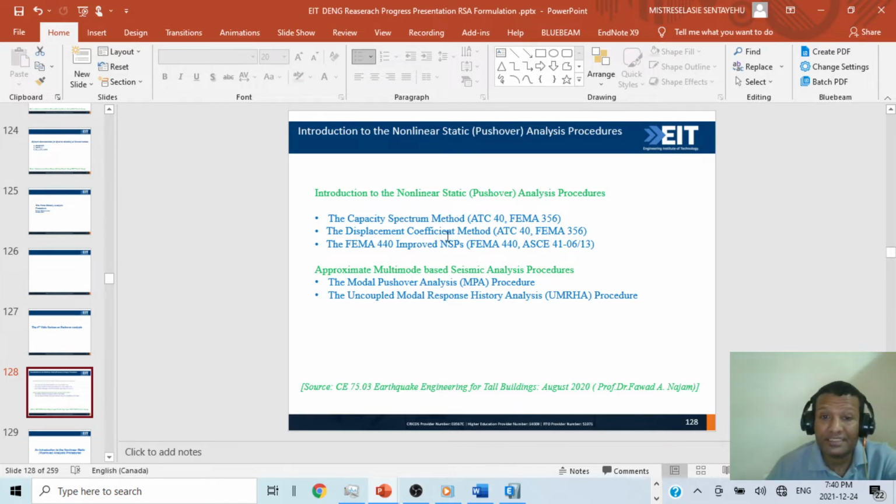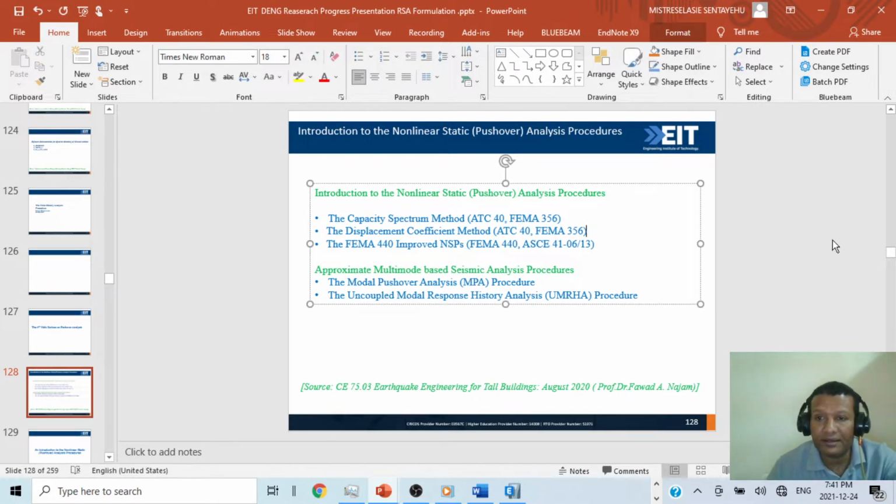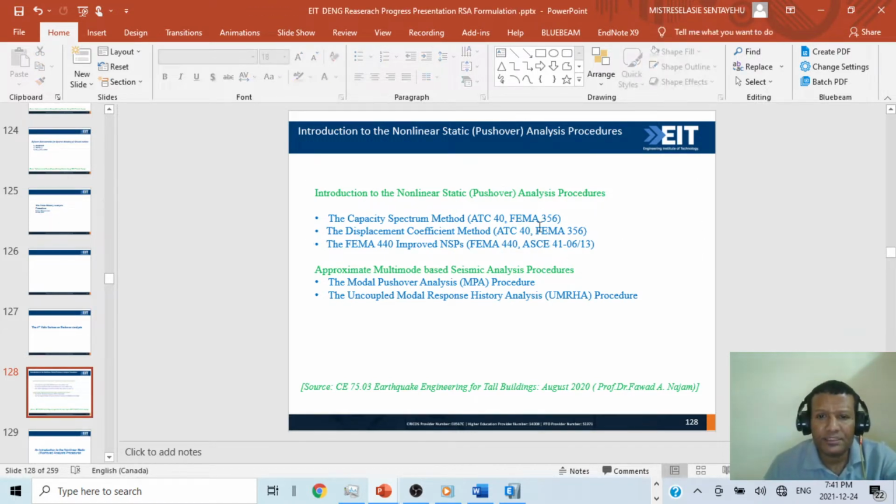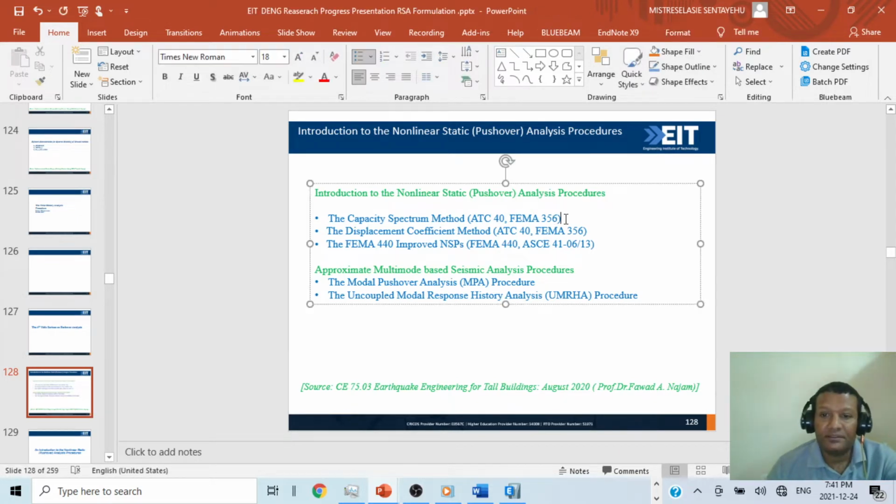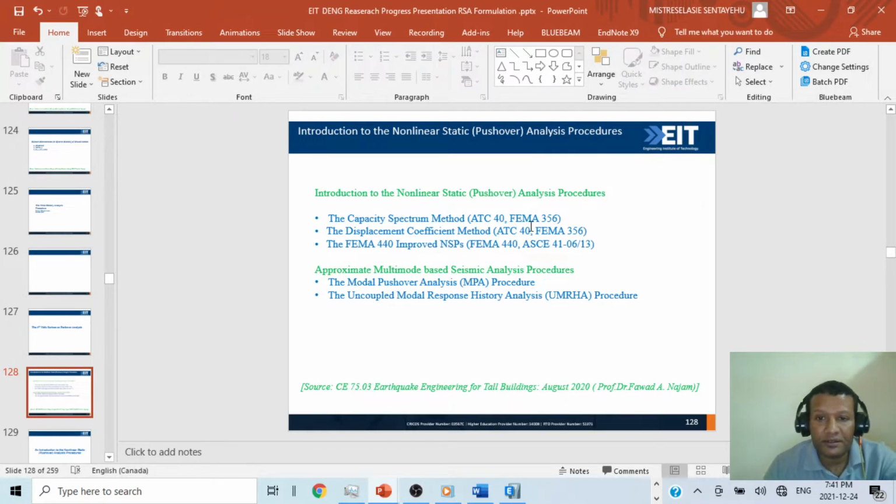We have the capacity spectrum method, ATC 40, FEMA 356, the displacement coefficient method, ATC 40, FEMA 356. We have all these guidelines, and this recommendation by ATC 40 was in 1996.